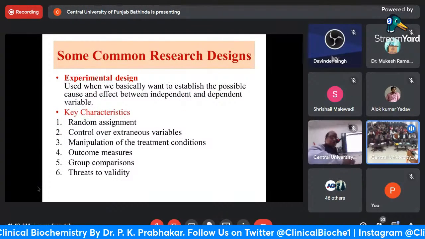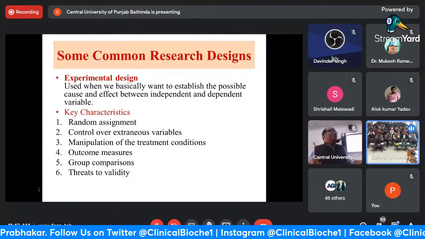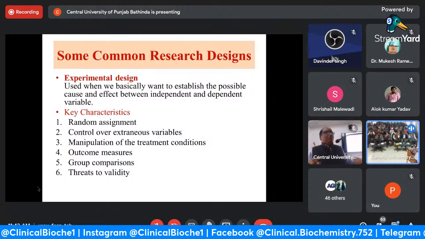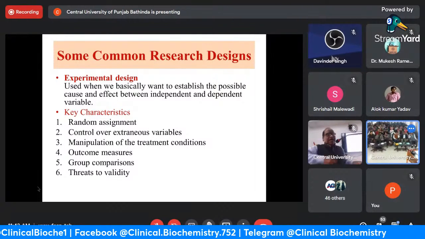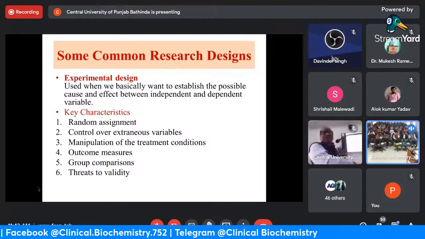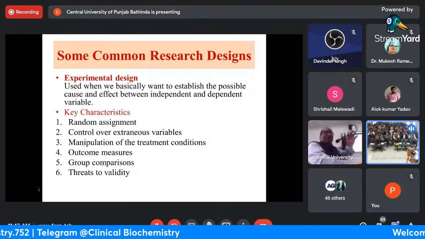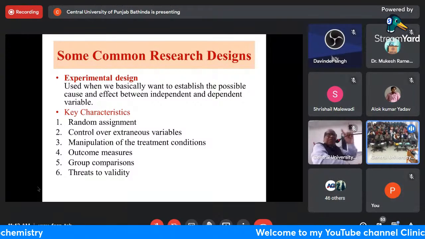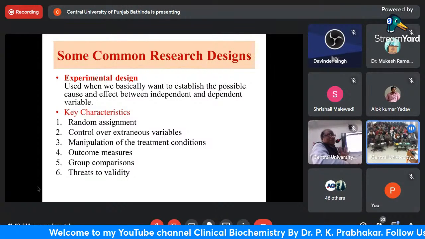Usually, what happens in conducting research, especially in sciences, we focus more upon experimental evidence. So far as the experimental designs are concerned, basically we test the effectiveness of one variable upon the other by controlling certain extraneous variables.